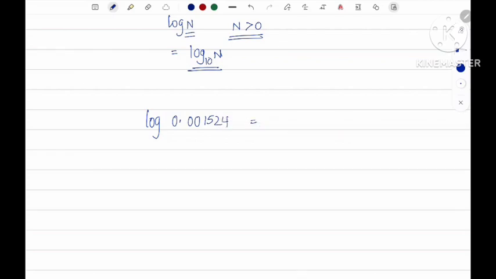So if the number is less than 1, we will have characteristic plus mantissa. For characteristic, we will find how many number of zeros are there after decimal. We will do number of zeros plus 1 and put a negative sign. So this will become your characteristic.